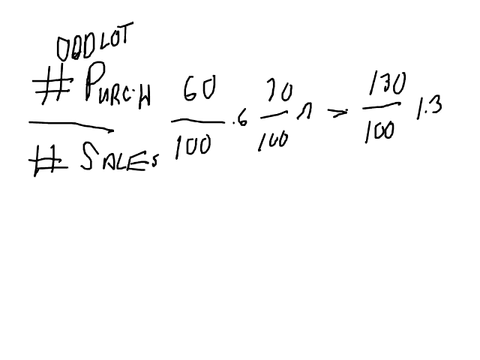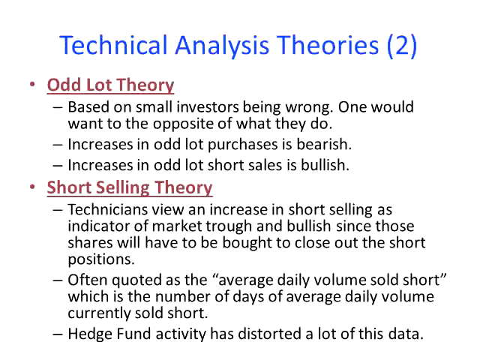Odd lot theory is a contrary opinion rule. There's contrarians out there. Contrarians are those that go opposite what the consumer is doing. So the odd lot theory is a contrarian opinion type of rule, and they believe that these small investors are going to be doing something wrong, based on, as you can see on this top bullet point here, small investors being wrong.